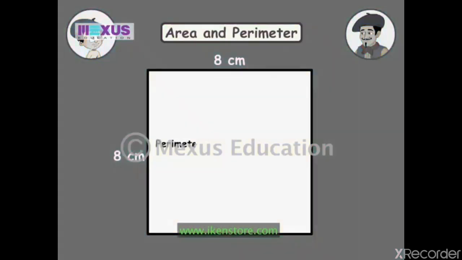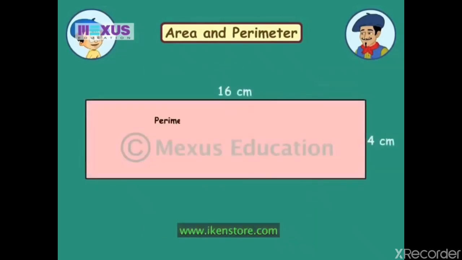Okay, the perimeter of a square is equal to 4 multiplied by the length of one of its sides. So the perimeter of the square is 4 multiplied by 8, that is 32 centimeters. The perimeter of a rectangle is 2 times the sum of its length and breadth.